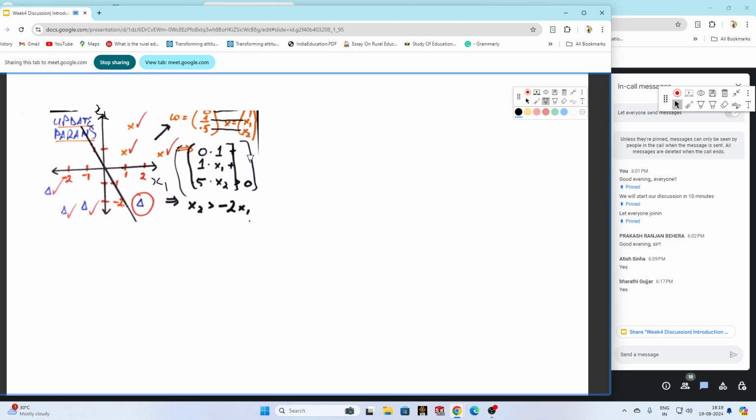Now how do we get the equation of the line? We take the dot product, w dot x or w dot x transpose. Our equation will be 0 times 1, that is 0, plus 1 times x1, that is x1, plus 0.5 times x2, that is 0.5 x2.